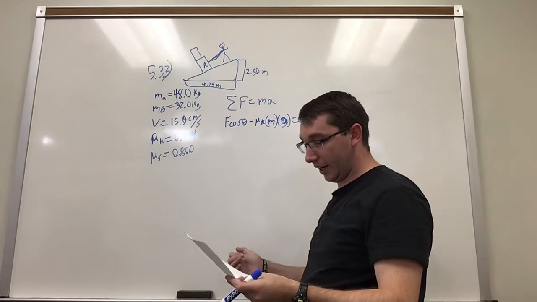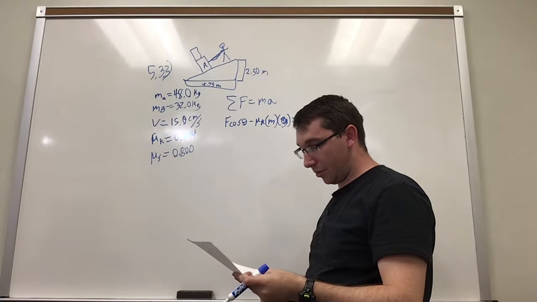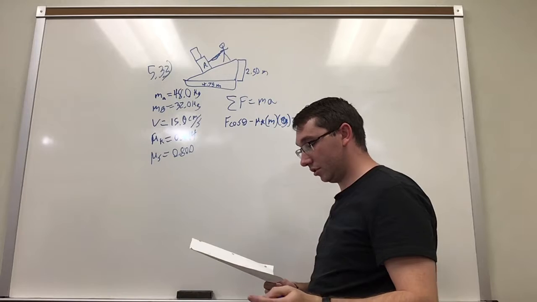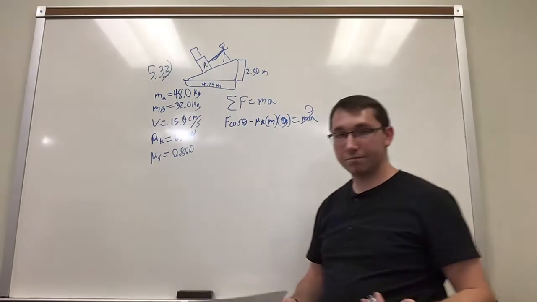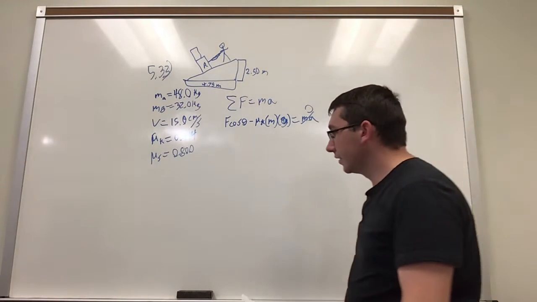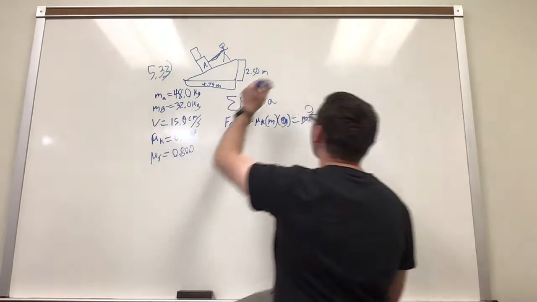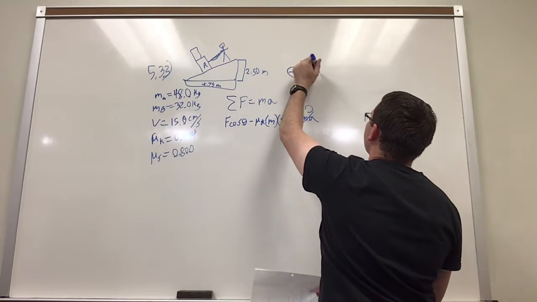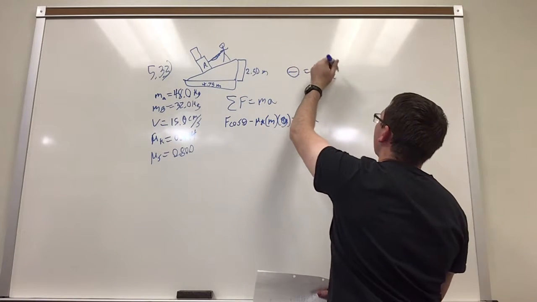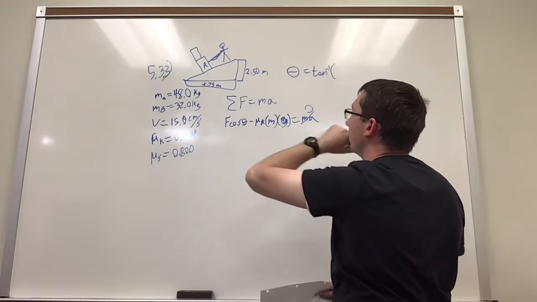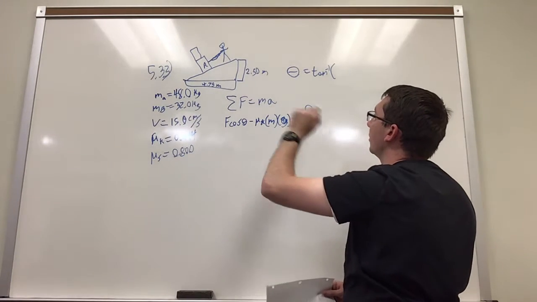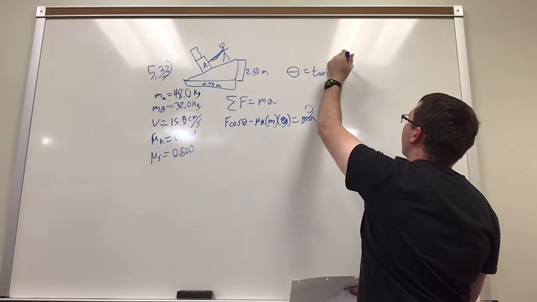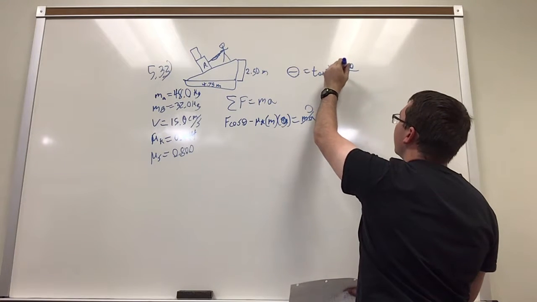So we're not given an angle, but we can find the angle using geometry. The angle is going to be equal to the inverse tangent of the rise over the run, so 2.5 over 4.75.